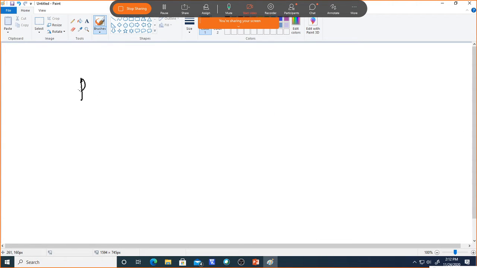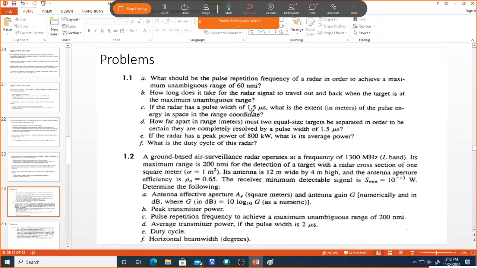so we can calculate the pulse energy using this equation, the transmitted power and the pulse width which is given. If you know the transmitted power, then you can find the pulse energy.